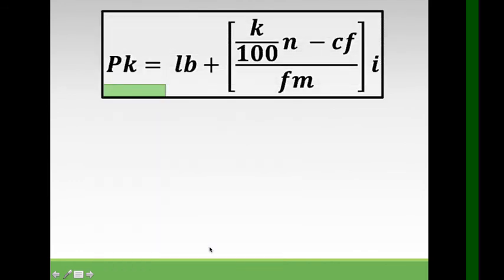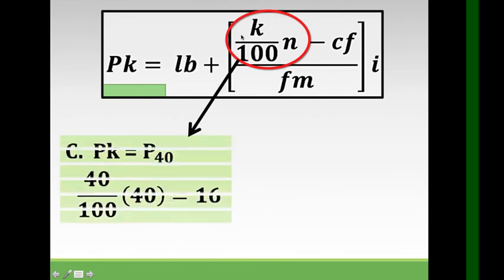Now, let's have this formula for the Pk, which is equal to lower boundary plus quantity k over 100 times n minus less than cumulative frequency over frequency mode times the class interval. So, ang basis natin ngayon para makuha natin ang ating cumulative frequency ay itong k over 100 times n. Ang hinahanap natin kanina is P40. Therefore, yung K natin ay equal sa 40.